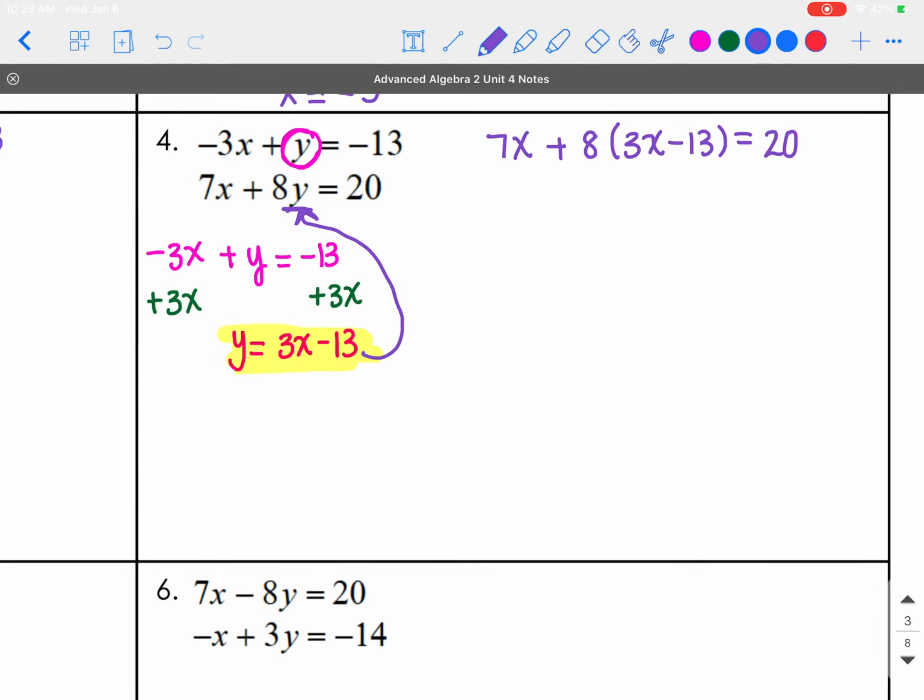Right, and then I'm going to distribute. Combine like terms.